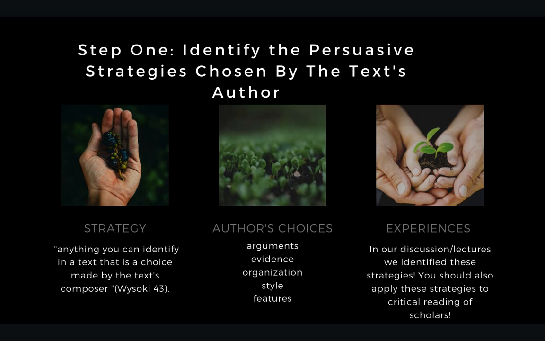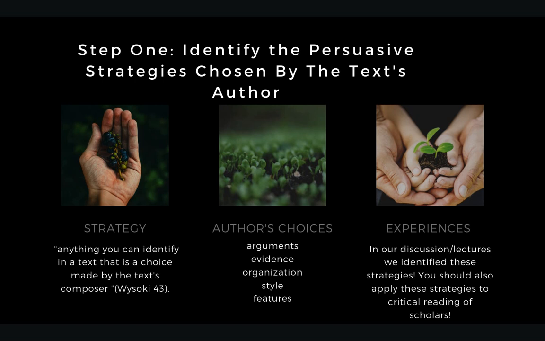For example, in Hoodwinked, what are some things specifically that the director does to develop Red's character? How is she described looking versus how Little Red Riding Hood is described in Perrault's piece? What is the strategy there? Things you can look at are the author's choices, like their arguments, their evidence, their organization, their style, and their features.